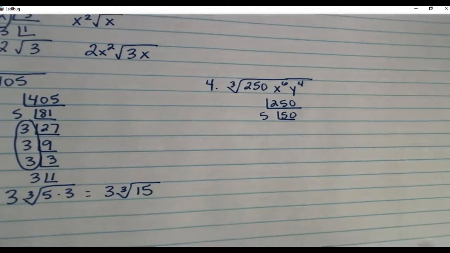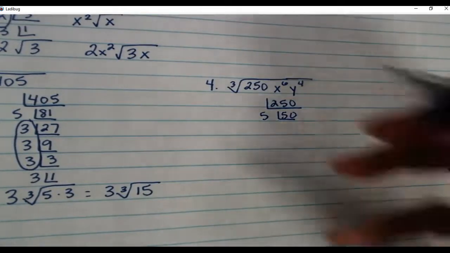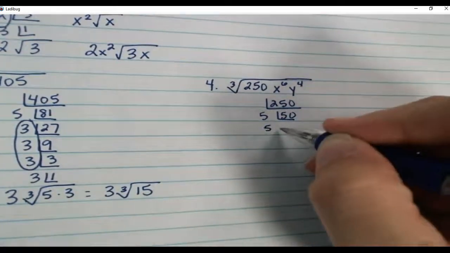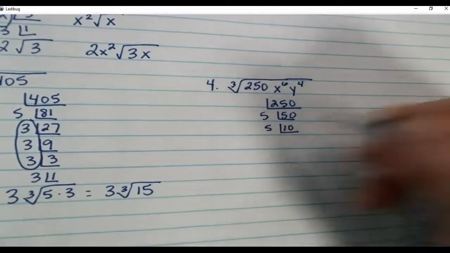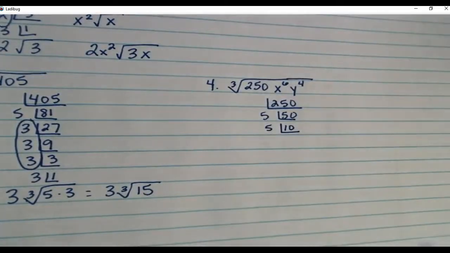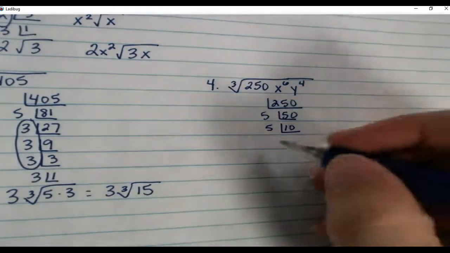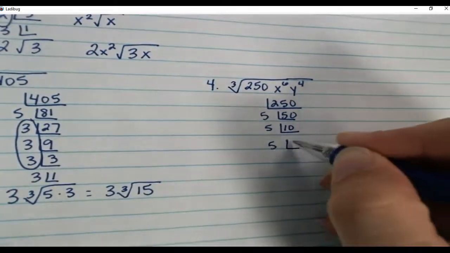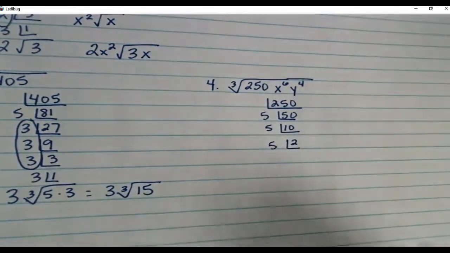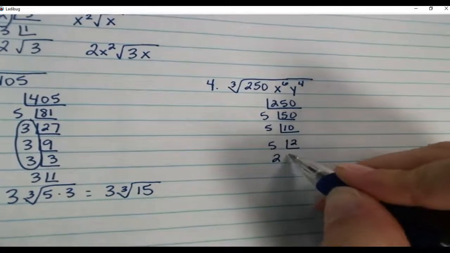What prime number goes into 50? 5 also. 10 times. How about 10? 5 again. 2 times. And what about 2? 2 is prime. So 2 and 1.